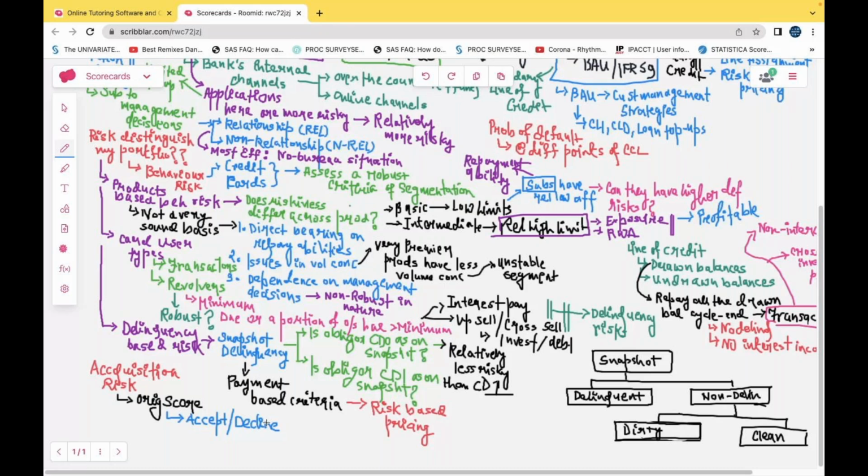The second part that we do is that the origination score is used for risk based pricing of the loan product.